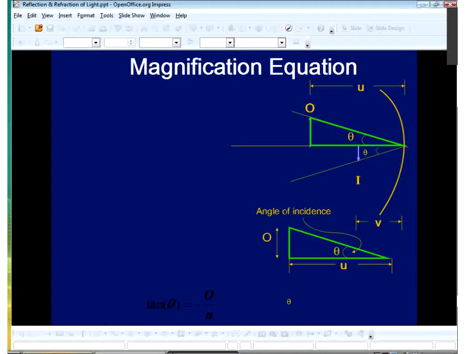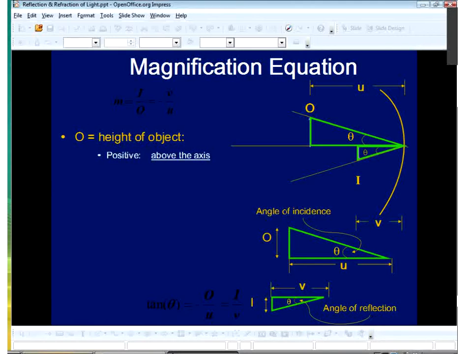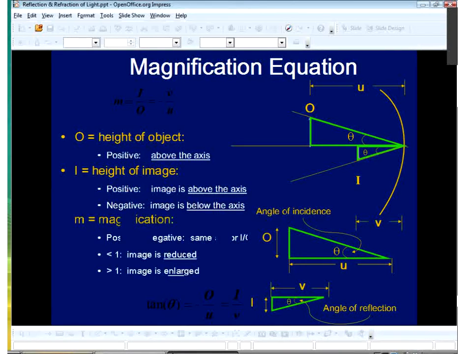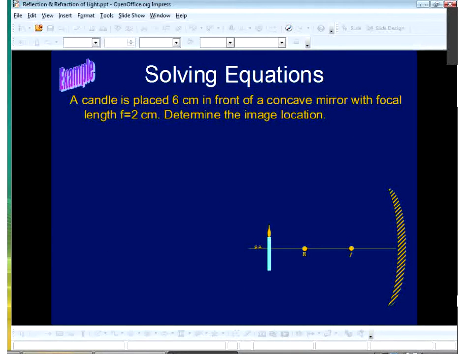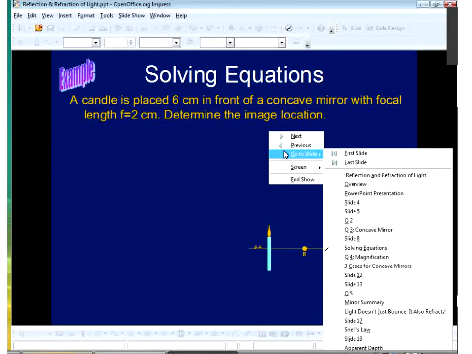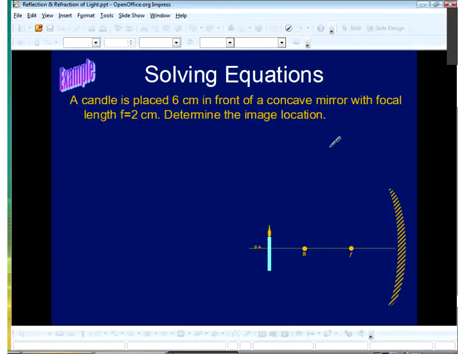We have already done this derivation, so this slide can be skipped. This application should be done.